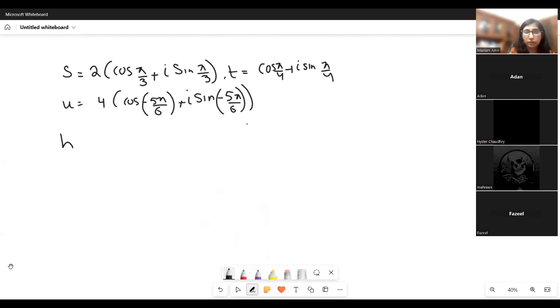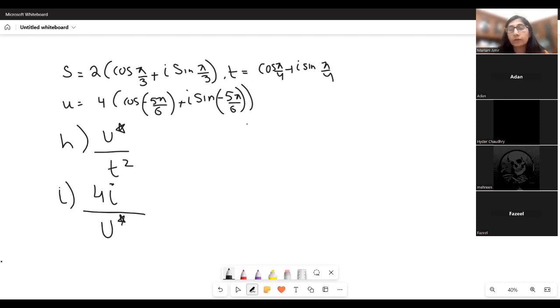Part H is U conjugate upon T square. We've already discussed what a conjugate is: you change the sign of the complex part. So this will become negative, and then that's going to be a problem for you, that you'll fix using the cos and sine theta rule we discussed today. That's part H. And part I is 4 iota upon U conjugate.